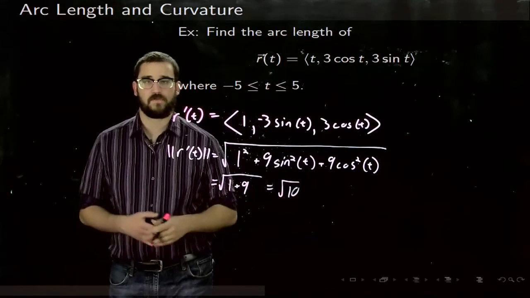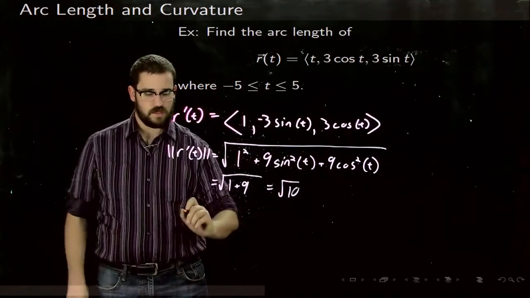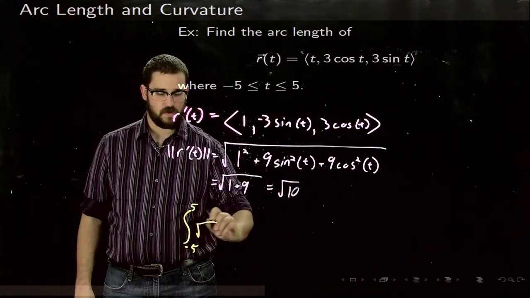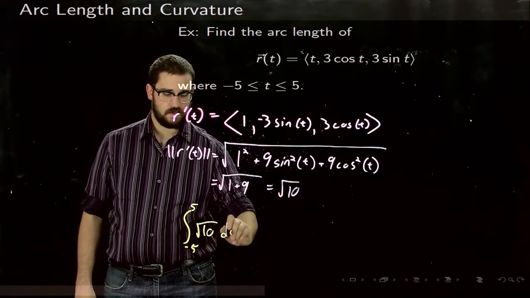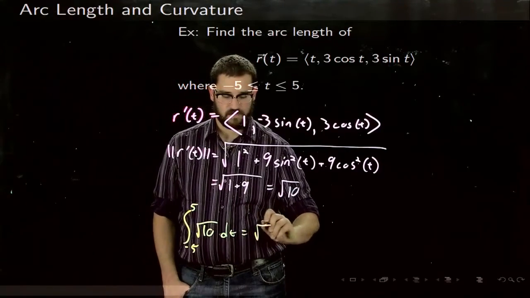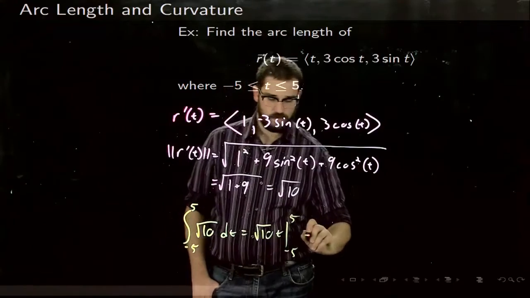So now, in order to find the arc length, we just need to do the integral from -5 to 5 of the square root of 10 dt, which is equal to the square root of 10 t evaluated from -5 to 5.